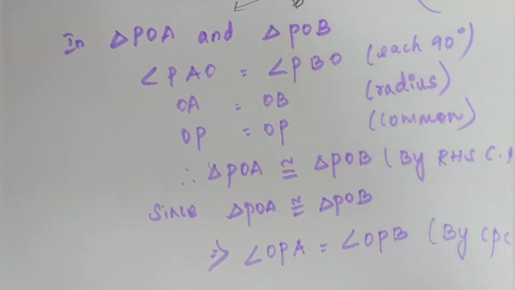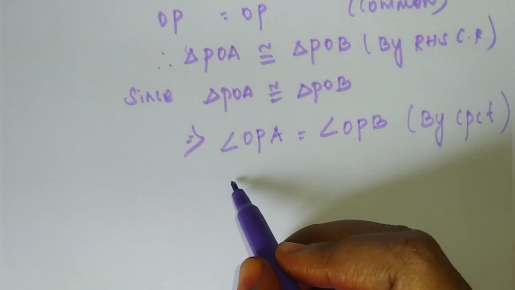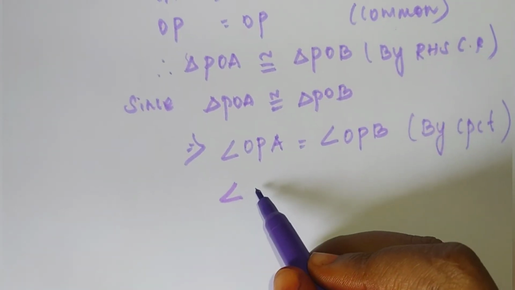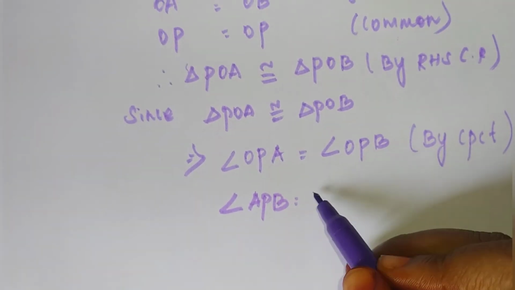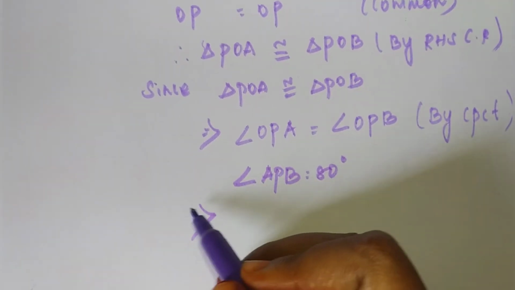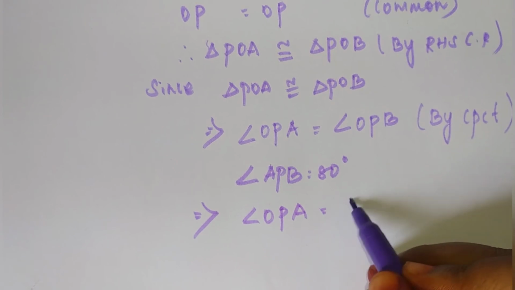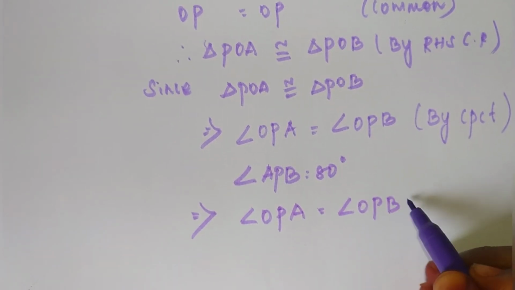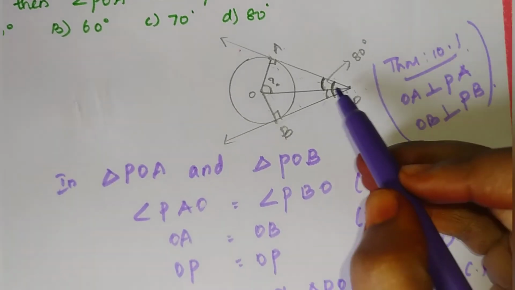Since both the angles are equal and the full angle APB is 80 degrees, it implies angle OPA is equal to angle OPB is equal to 40 degrees. So this is 40 degrees.